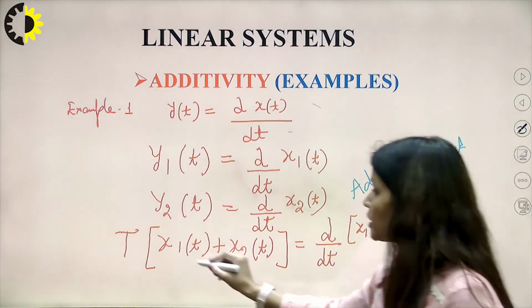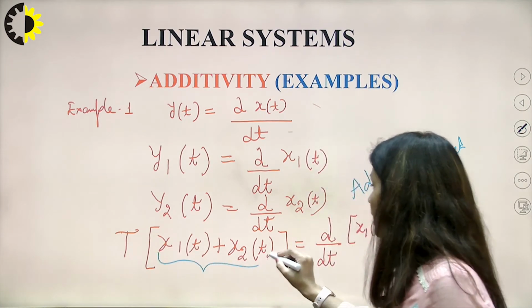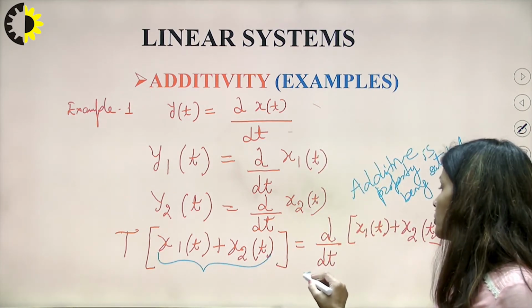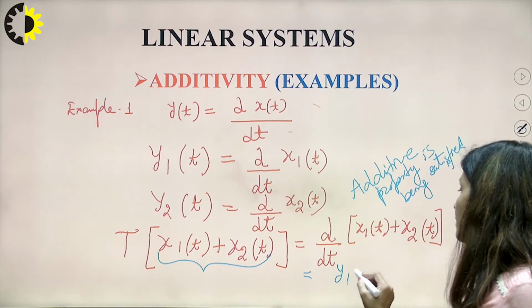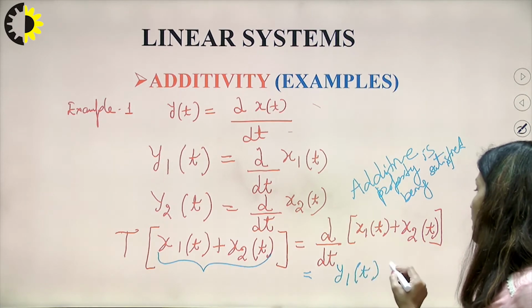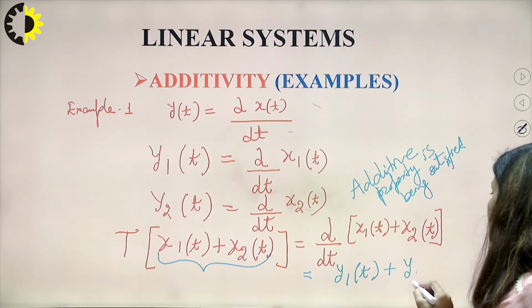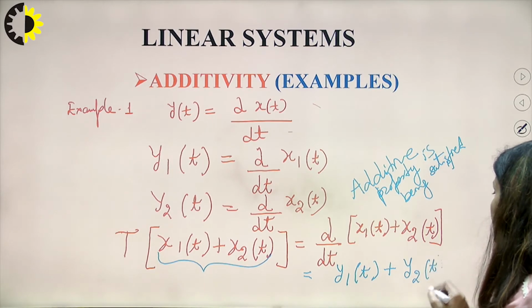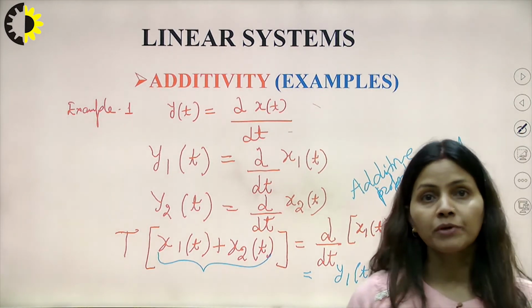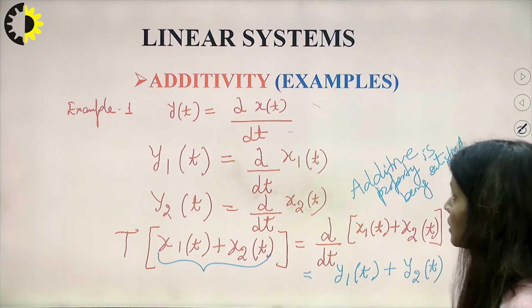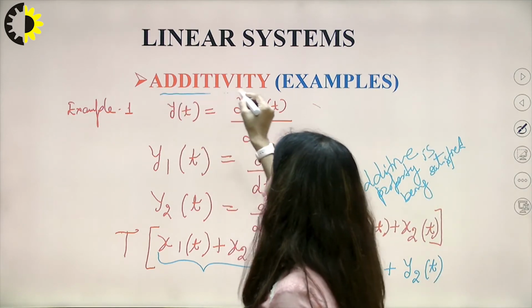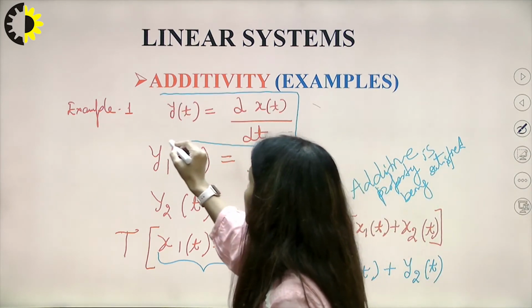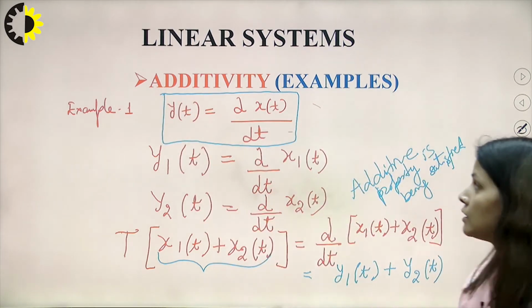If I give the combined input, I get the output y1(t) plus y2(t). So, my system is additive for y(t) equal to dx(t) upon dt.